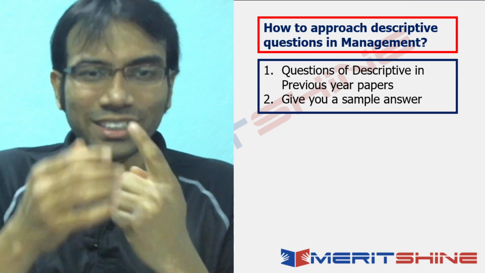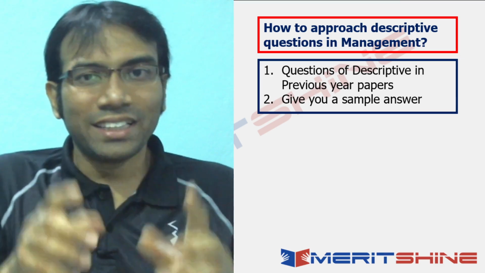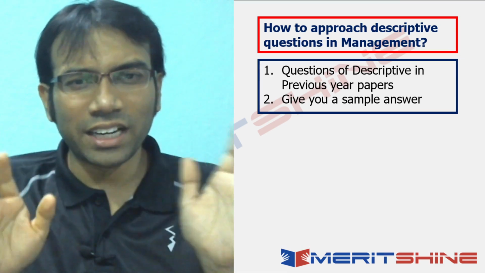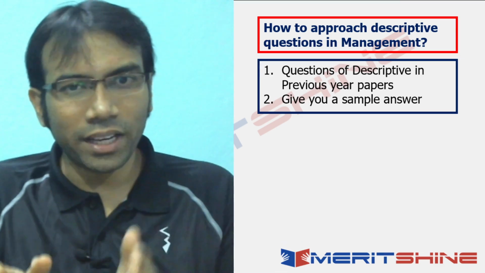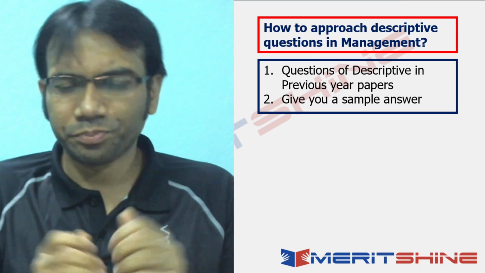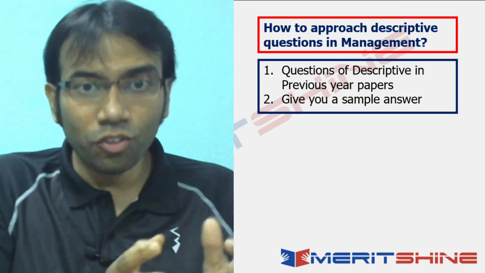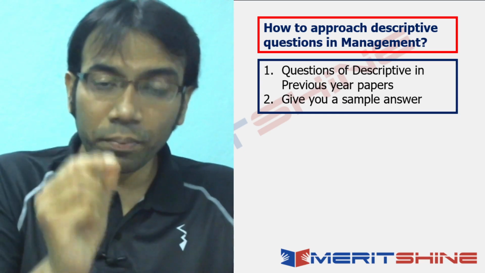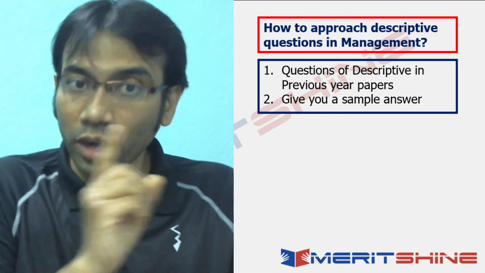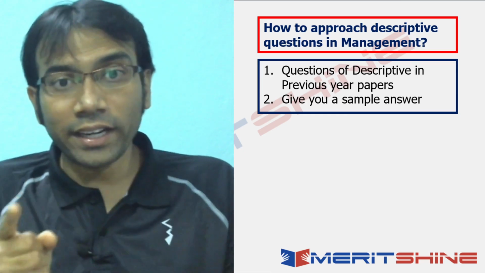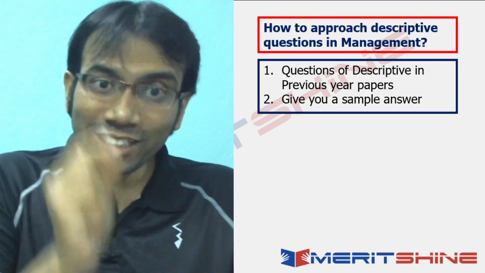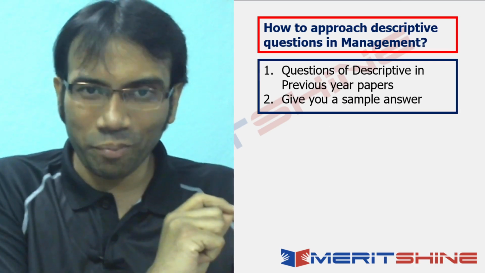So what we will do essentially is that I'll first give you most of the questions that have come in the descriptive papers in RBI grade B in the previous years, and then I'll move on and pick up a particular topic on which I'm going to write an answer. But before writing an answer, I would be teaching you the concepts of that topic, right?